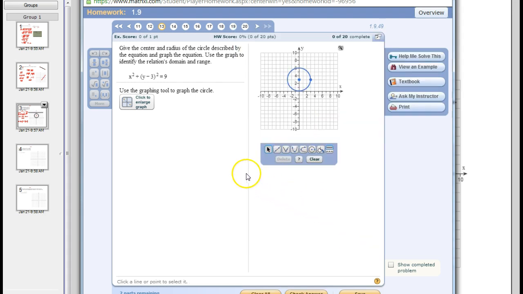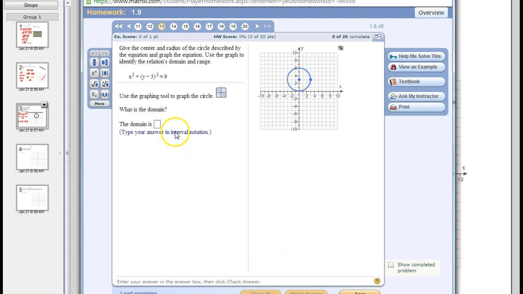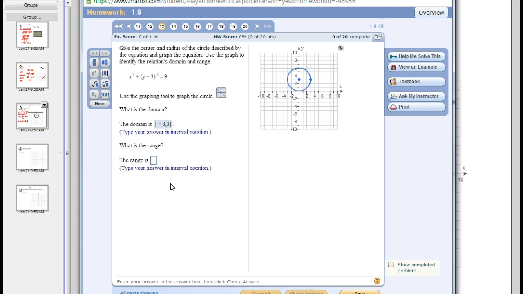Save it, and check to make sure that's the circle you need. Then it's going to ask you for your domain: bracket -3, 3, bracket, and the range is bracket 0, 6, bracket. So that's how you use the circle graphing tool on this problem: center first, and then any second point on the circle.